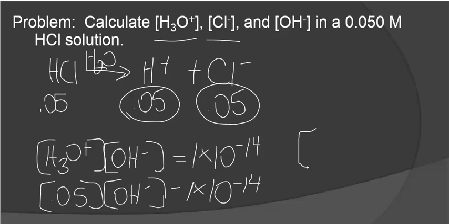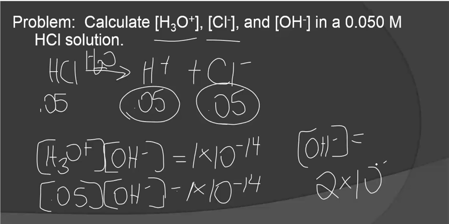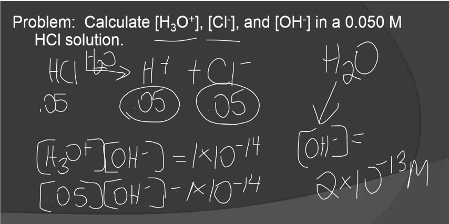So hydroxide comes out to 2 times 10 to the negative 13th molar. Very small concentration of hydroxide, and I would expect that because this is an acidic solution. This is only coming from the dissociation of water. So that's where the hydroxide actually comes from, the dissociation of water, and it's very small compared to the hydronium ion concentration.